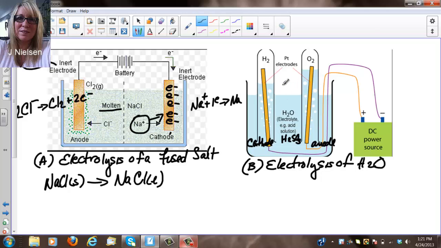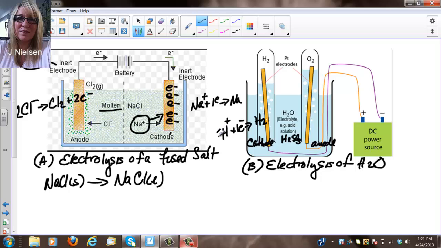Now, notice that the H2 gas is being produced at twice the rate of the O2 gas, and that's because the compound is H2O. So you have H plus plus 1 electron forming what's going to be H2 gas.